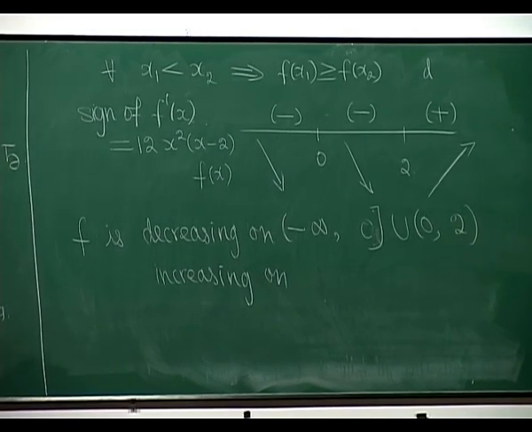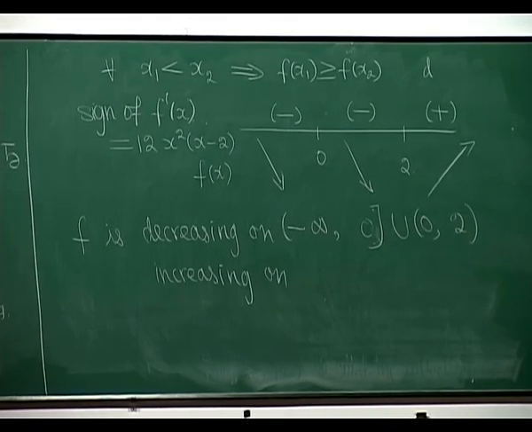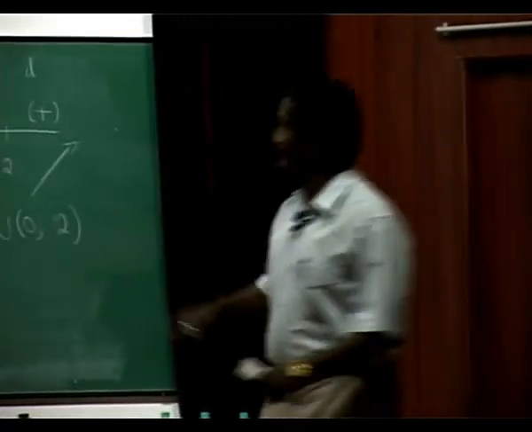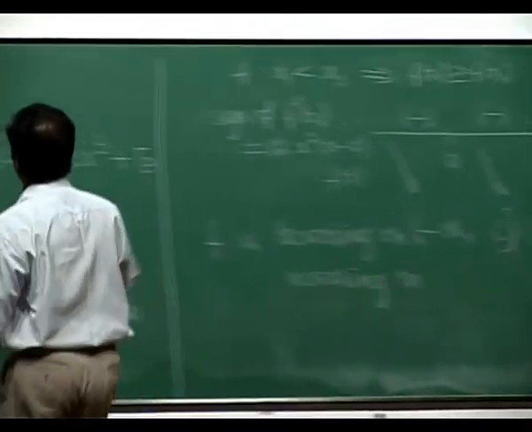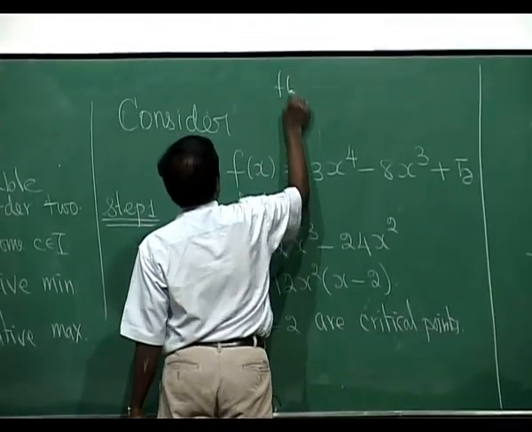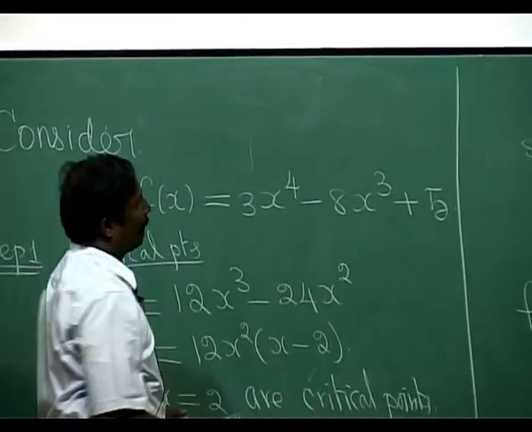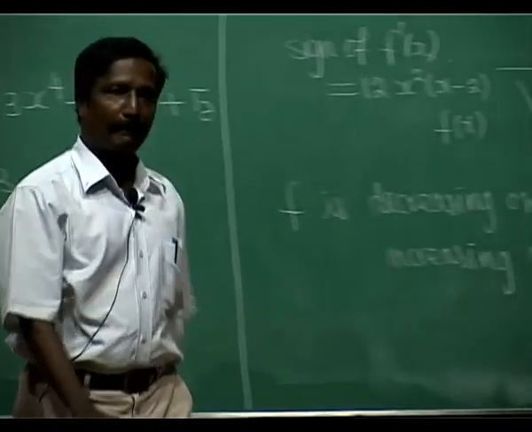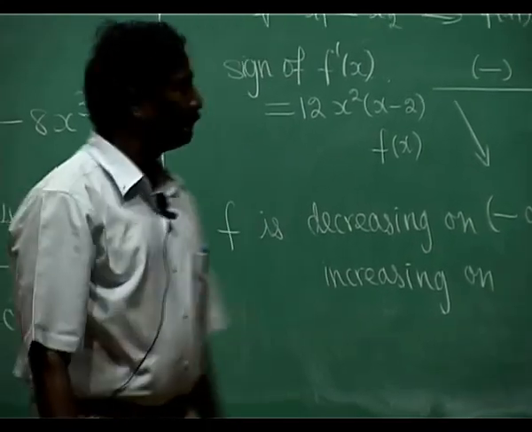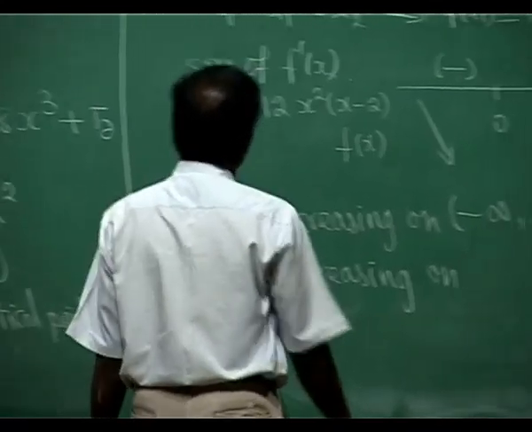For increasing, not necessarily. For example, take f(x) = x^3. Suppose decreasing on the interval minus infinity to closed at 0, union 0 to 2 closed. That's okay.